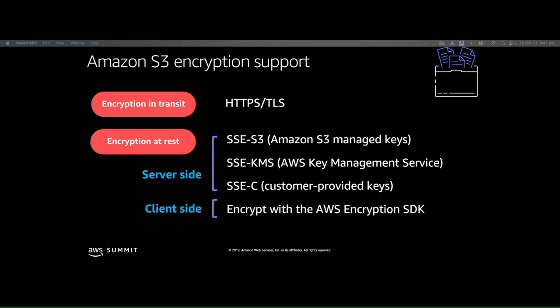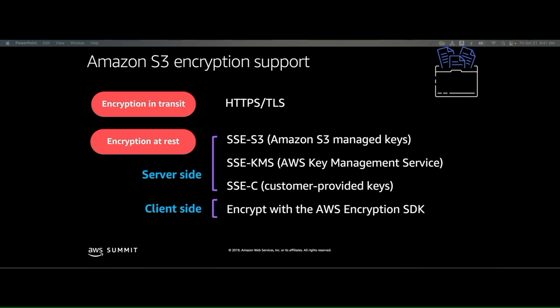So you can encrypt the data with AWS encryption SDKs. Basically, you can use code, for example Java, and you can create a class that helps you create an Amazon S3 client with client-side encryption enabled.